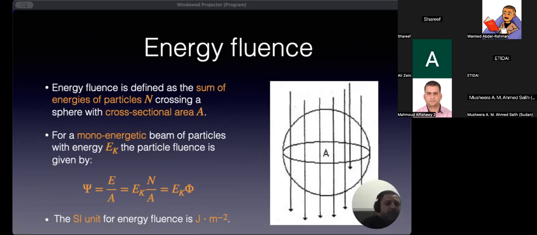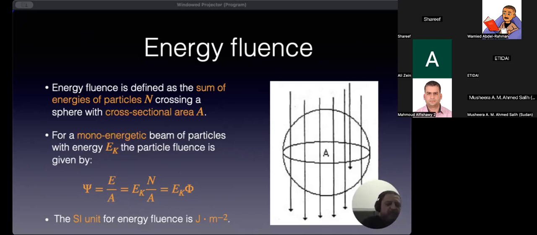So for a monoenergetic beam of particles with energy Ek, the energy fluence is given by the total energy crossing this sphere divided by the cross-sectional area A. If we have a monoenergetic beam, all we need to do to determine the total energy crossing is take the energy of the particles multiplied by the number of particles.